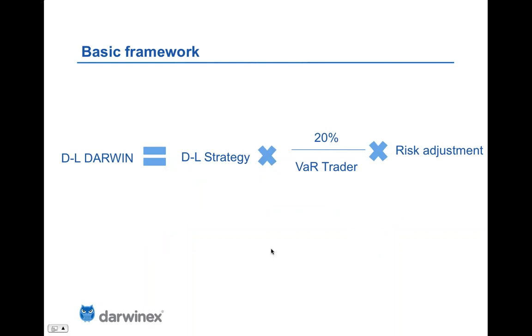So the basic framework, and this is, I guess, the most important slide we'll see today, is really a rule of 3. We basically take the leverage for the trader, the strategy, and we scale it by whatever ratio we have between the 20% target VAR and the value at risk of the trader.